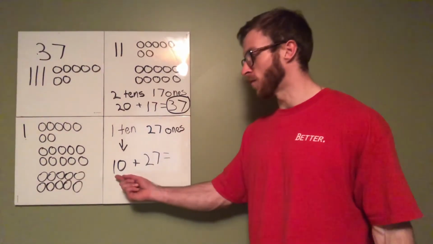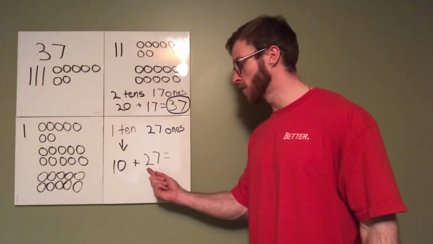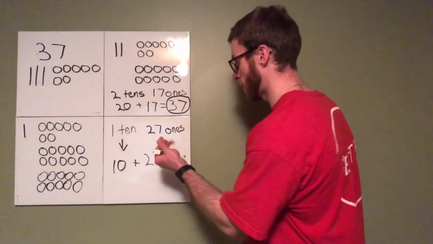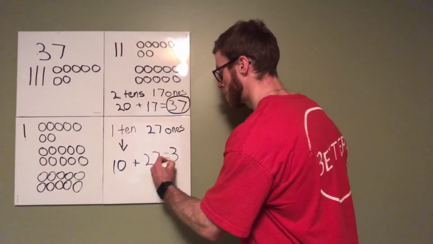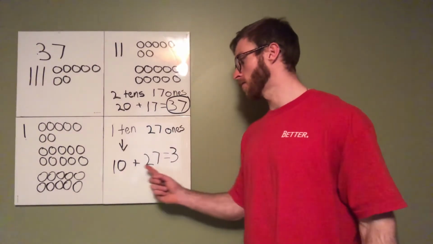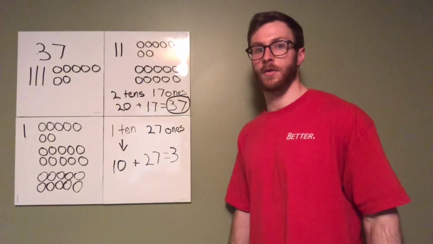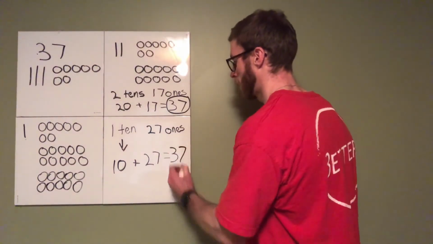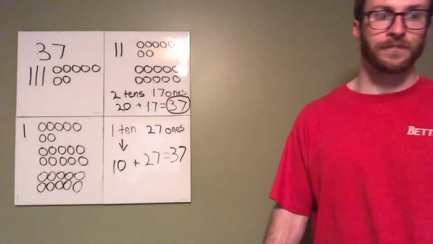Let's see. If we have 1 10 plus 2 10s, 1 plus 2 equals 3. So we have 3 10s. And then 0 ones plus 7 ones. 0 plus 7 equals 7. So we got 37 again.